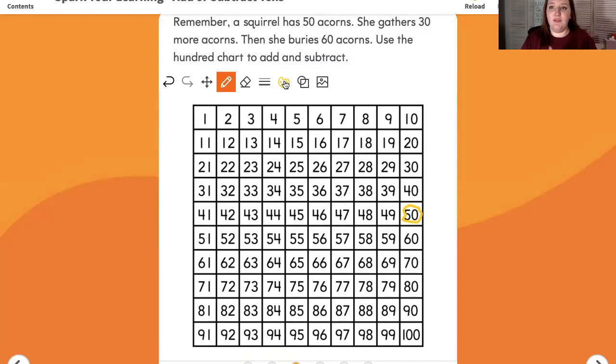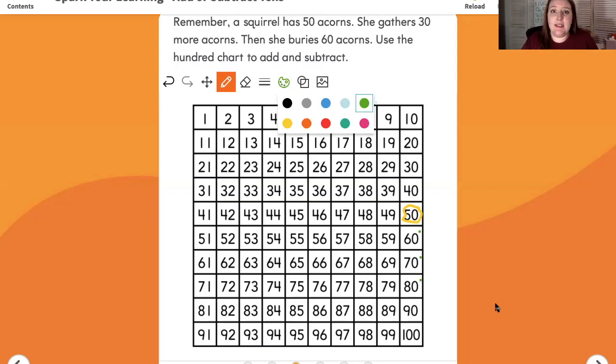We're starting with 50. She gathers 30 more acorns. So if she gathers 30 more acorns, that means we're adding 3 groups of 10. So we're going to add 1, 2, 3, right?